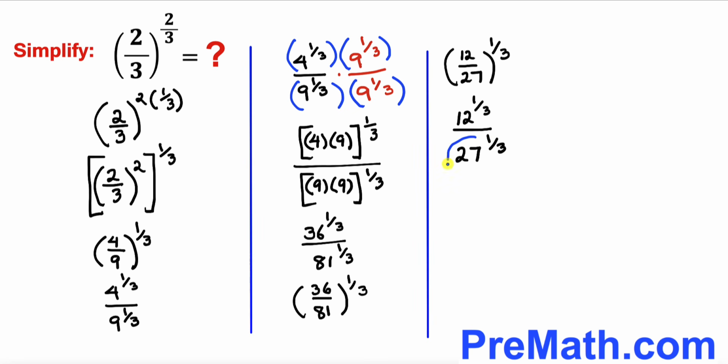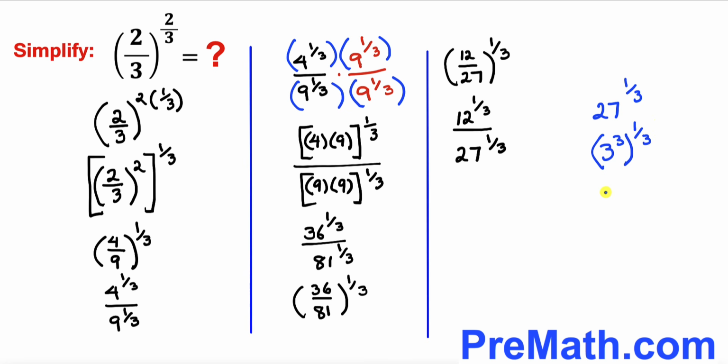And now let's focus on this 27 to the power 1/3. As you can see over here, I have copied it down. We know 27 is the same as 3 cubed. So therefore this could be written as 3 cubed, and then to the power 1/3. Now we can see 3 times 1/3 is simply 1.